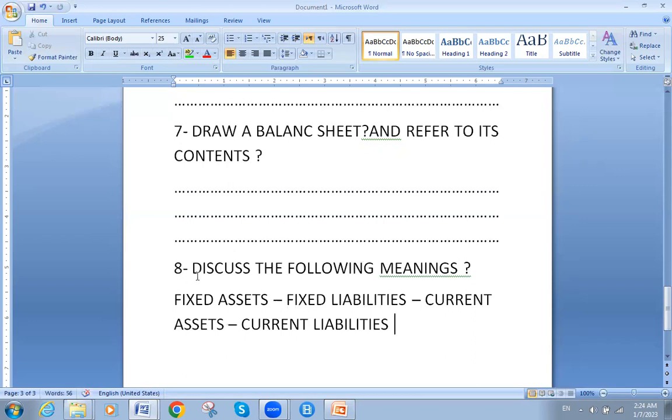So tell me the meaning of fixed assets, the meaning of fixed liabilities, the meaning of current assets, and the meaning of current liabilities.